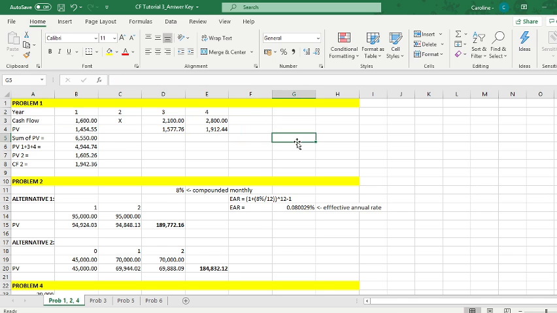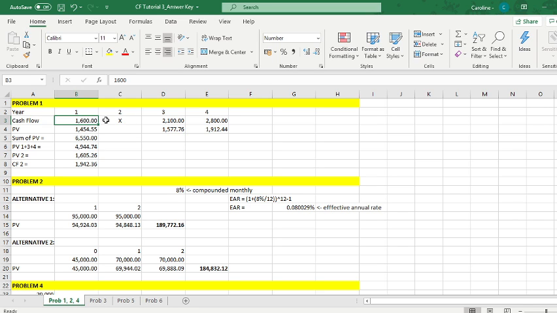And you need to find the present value of each year's cash flow in order to be able to find the second year cash flow, okay? So for the first year cash flow, which amounts to 1,600, you need to find the present value of this cash flow, okay?